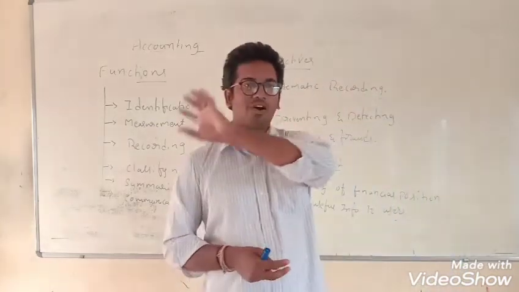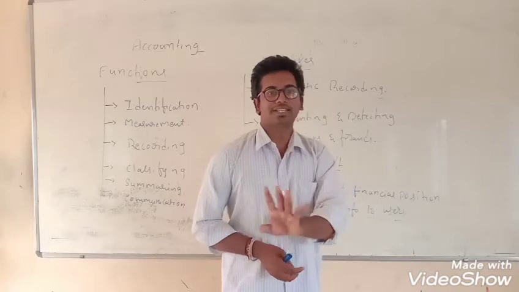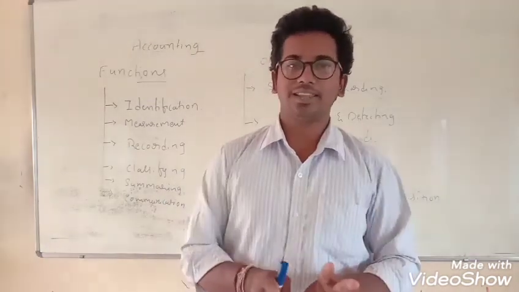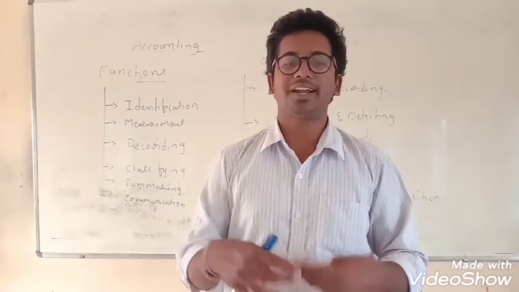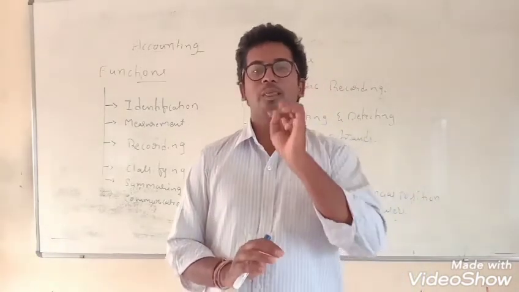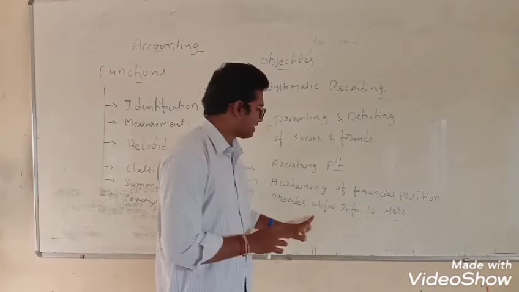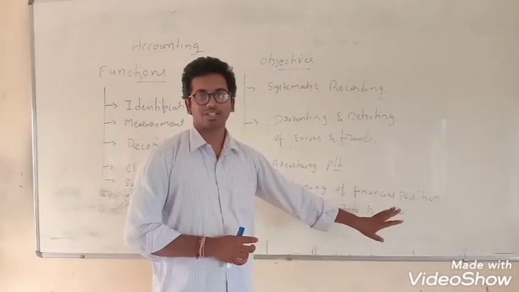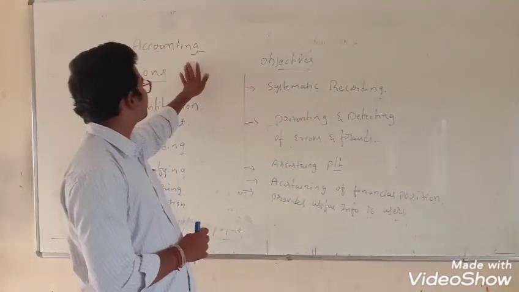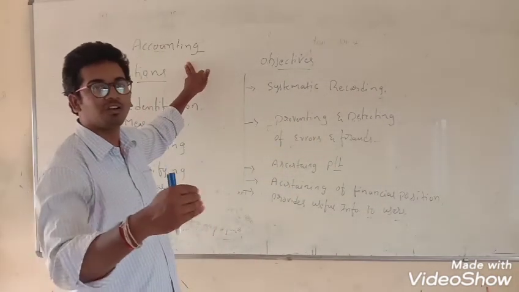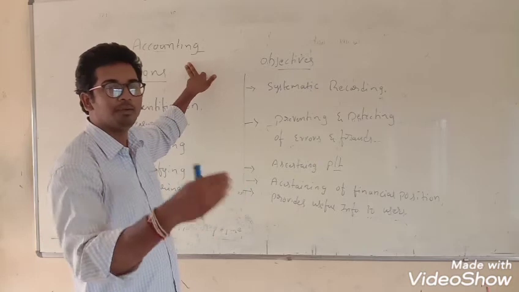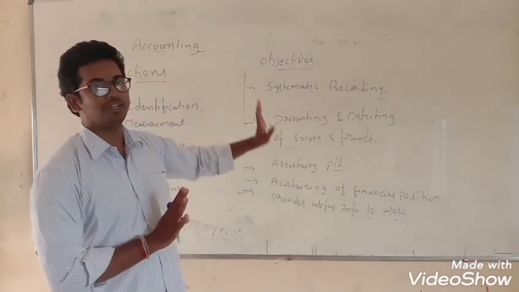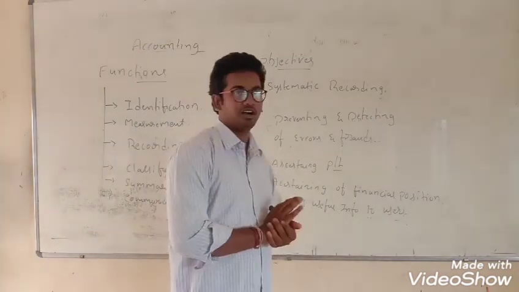For all these people, the base is accounting information. Based on that, they can judge and evaluate the company. So many people are waiting for financial information. If you go with an effective system of accounting, it leads to good, true and fair information for the public, government and investors. That is what we call the objectives of accounting.